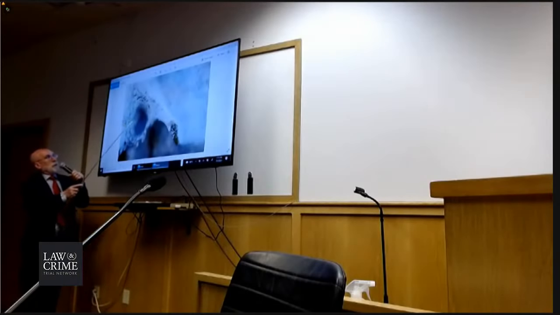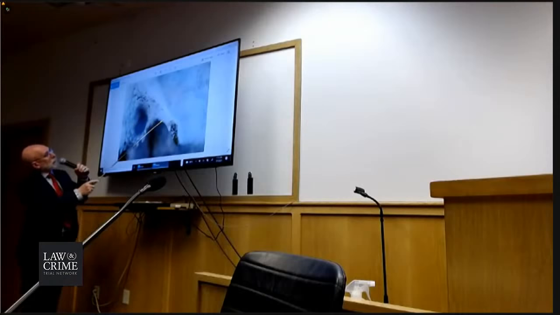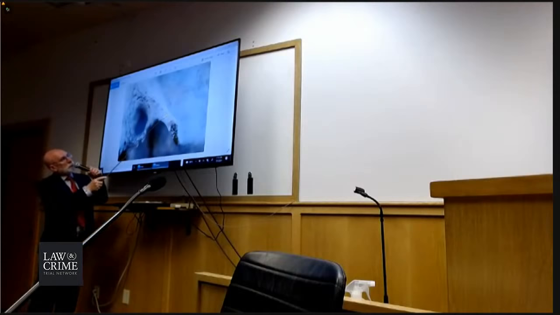So it's blurry here because it's not in the same plane of focus, but this is the right external auditory canal or meatus, and that's filled with casting material. And then this is the right zygomatic arch, and then this is the cut.